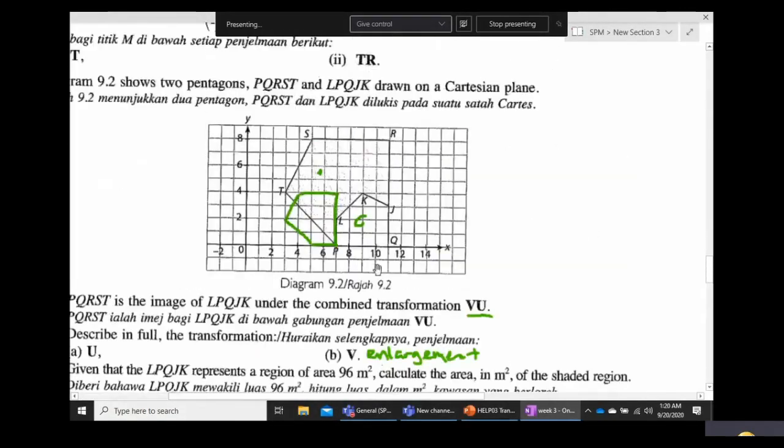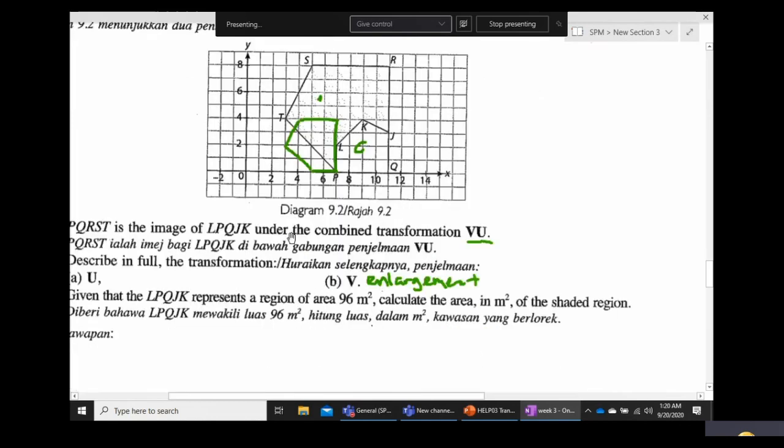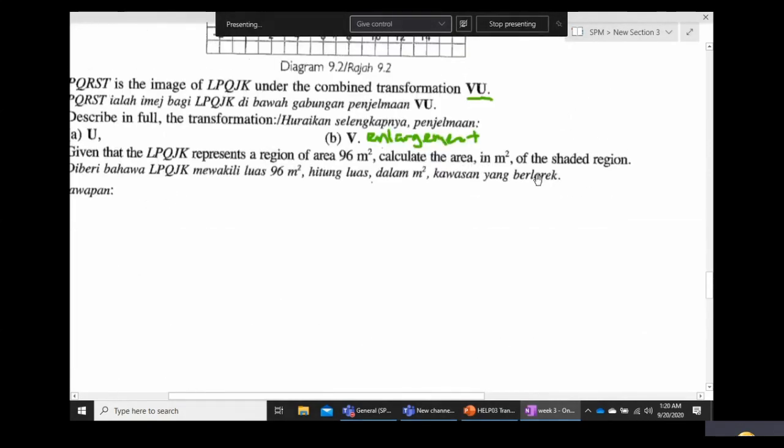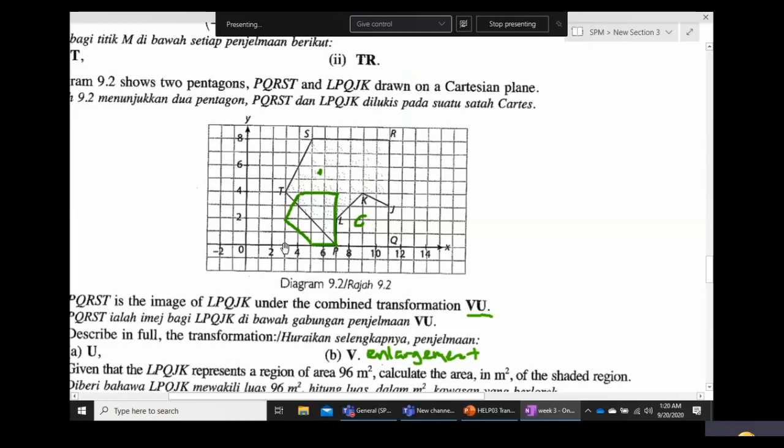For the center, you draw this line, T and this, S and this point, R and this. You will get a point here. Which point is that? 3, 0. Yes, correct, this point.